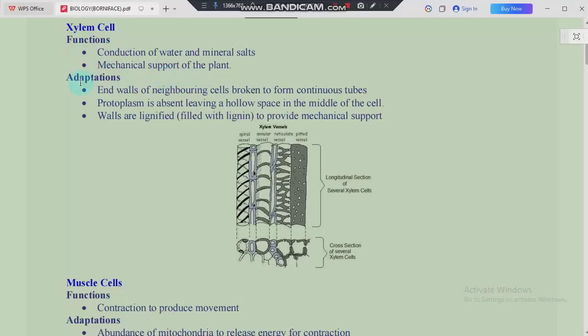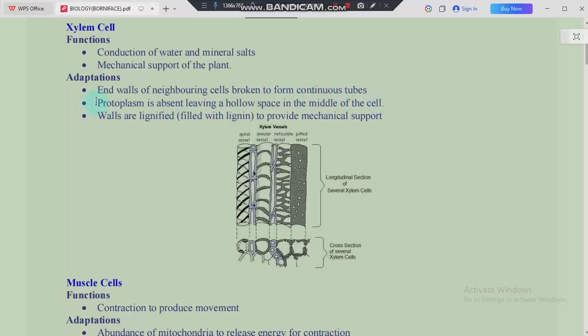Now, what adaptations, what features does the xylem cell have for performing its function? Number one, the end walls of neighboring cells are broken to form continuous tubes. Apart from that, the protoplasm is absent, leaving a hollow space in the middle of the cell.